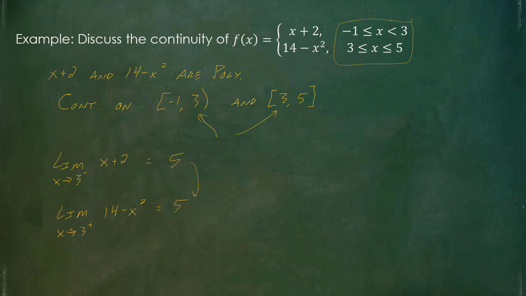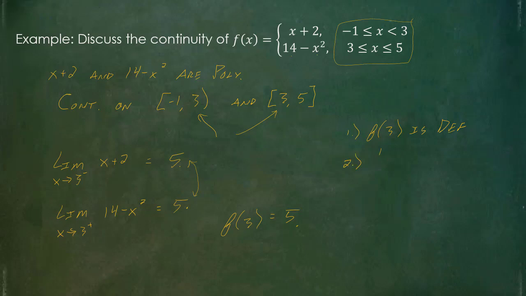Since these two numbers agree with one another, we can also look at the defined value. f of 3 is just plugging into that bottom equation, which is exactly what we just did: 14 minus 9, which is 5. All three of those numbers agree with one another, so it fits the definition that f of 3 is defined.